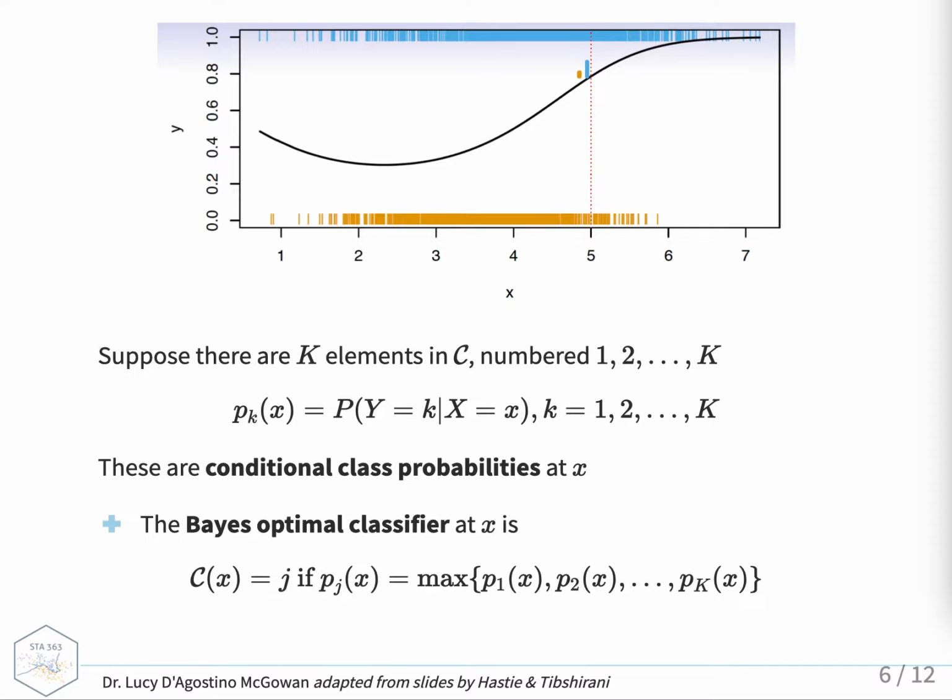It's the probability that Y equals k given the observed predictor vector x. Let's say we're using a Bayes classifier for the 2-class problem where Y equals 1 or Y equals 2. We would predict that the class is 1 if the probability that Y equals 1 given x is greater than 0.5, and 2 otherwise.